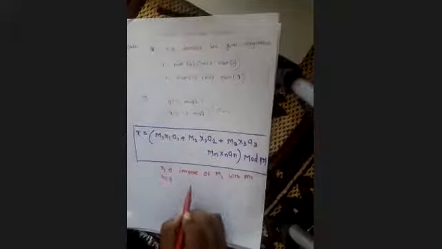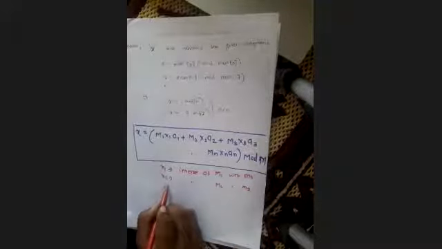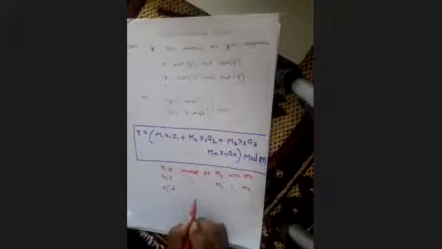Like that, your x2 will be the inverse of m2 with respect to small m2. Whenever you want to calculate the xi value, this xi is nothing but the inverse of mi with respect to small mi. Okay, now what is this mi?